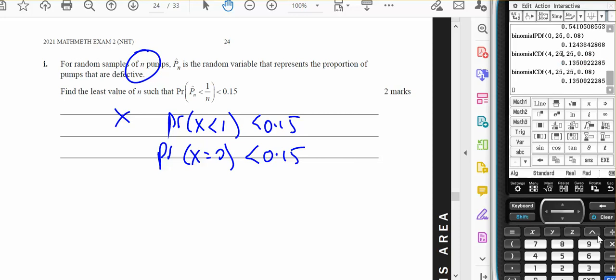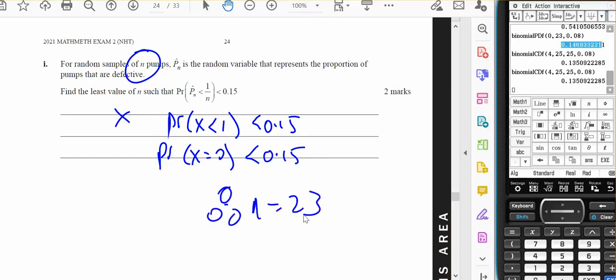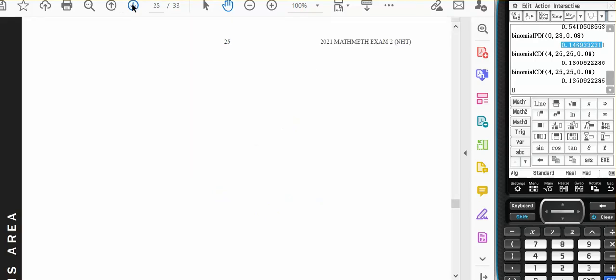What about 24? 0.1135. 23, 0.146. 22, it's too big. So 23 is the first value I get to where it's less than 0.15, therefore n equals 23. And that's the end of the problem.